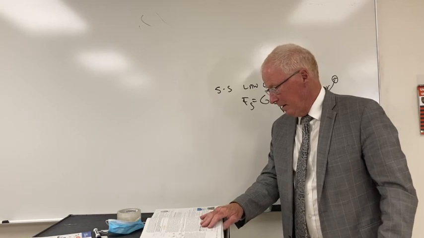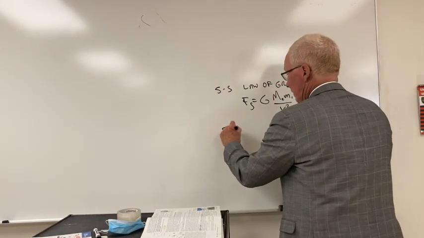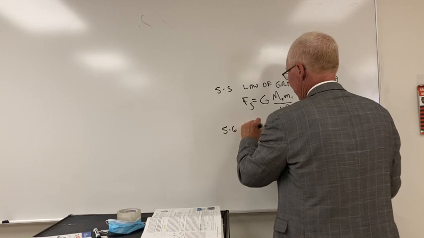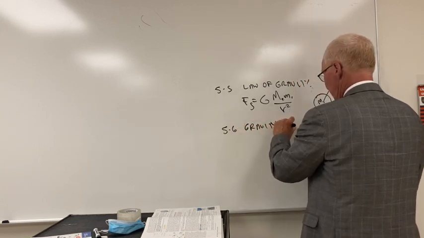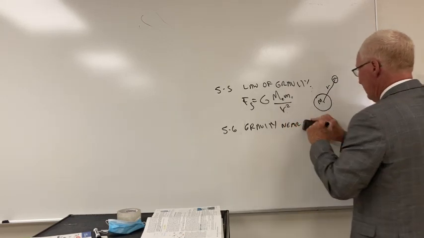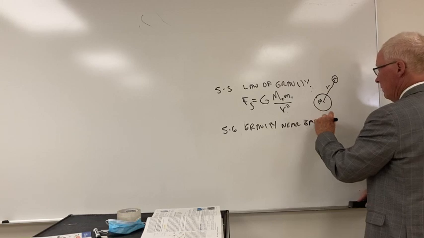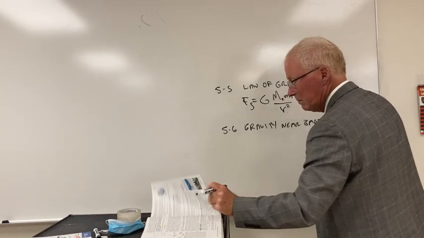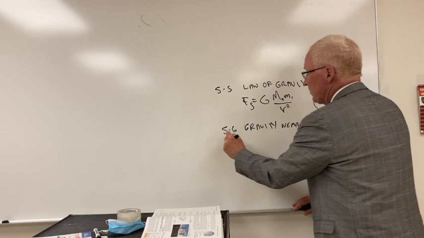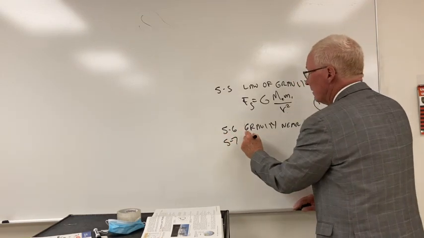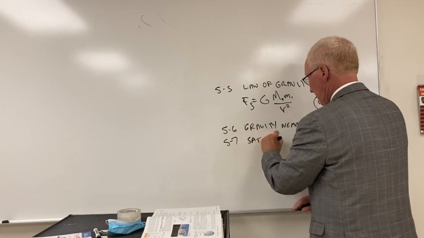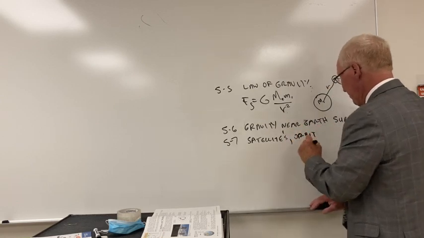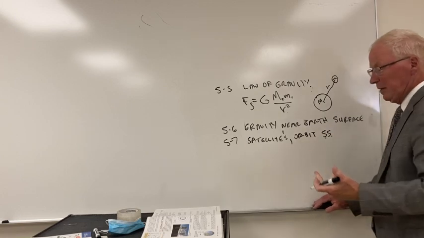And then I got into 5.6, gravity near the Earth's surface, and compare that to 5.7.2, orbits, satellites, the space station, which is about 300 kilometers up.